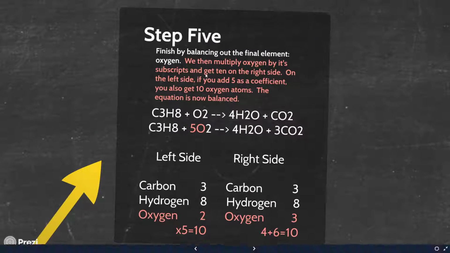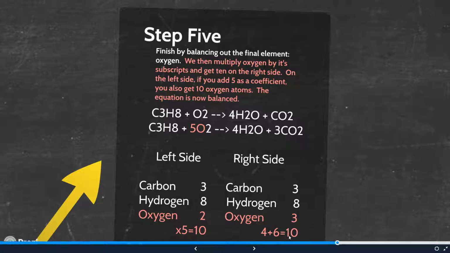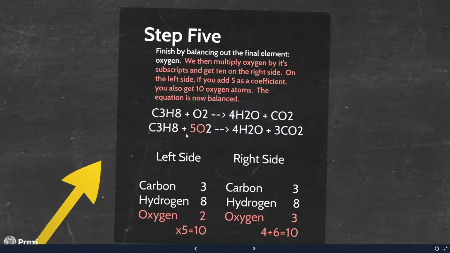And as we go through, we'll notice that this entire time we've changed the amount of oxygens. So now we have 4 times 1, which is 4, plus 3 times 2, which is 6. So now we have 10 oxygens on this side. Then we have to add a coefficient on oxygen over here to help us balance it out.